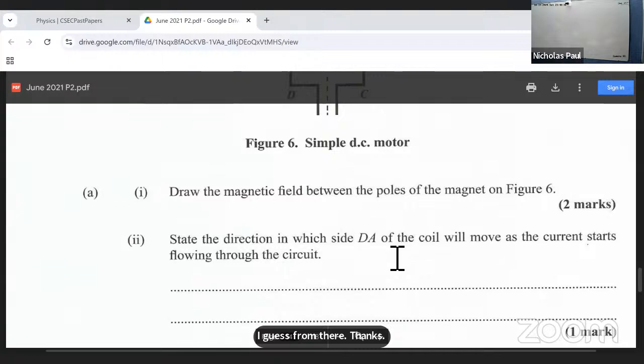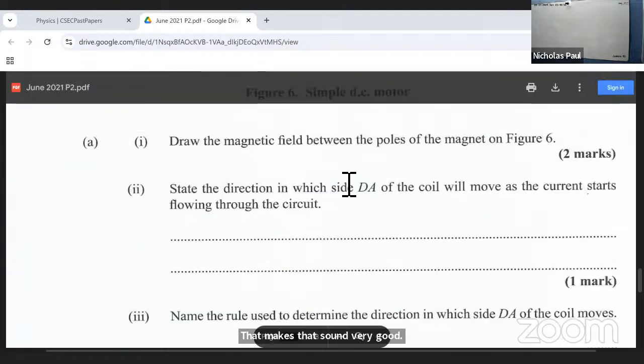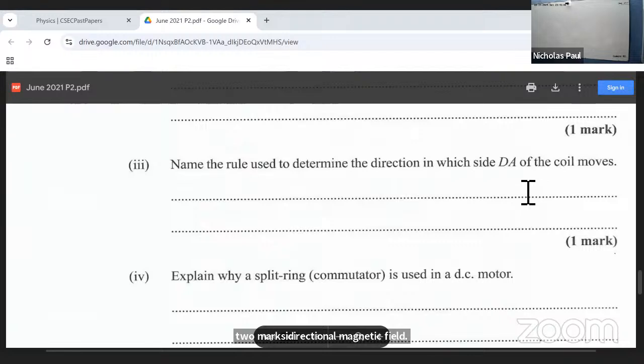The direction DA will move, right. Good. Name the rule, part 3. Write down the rule. What's the name of the rule? Very good. That's 4 marks: 2 marks for the direction of the magnetic field and 1 mark for applying.